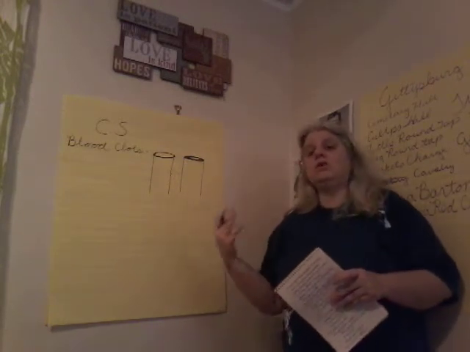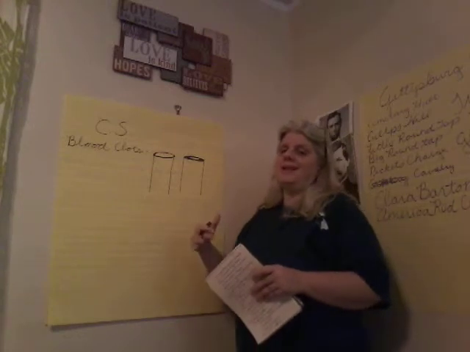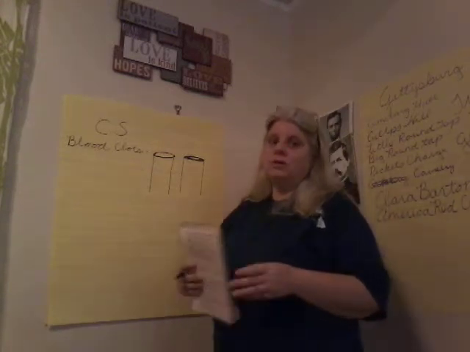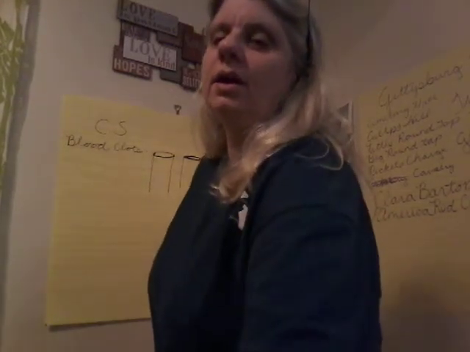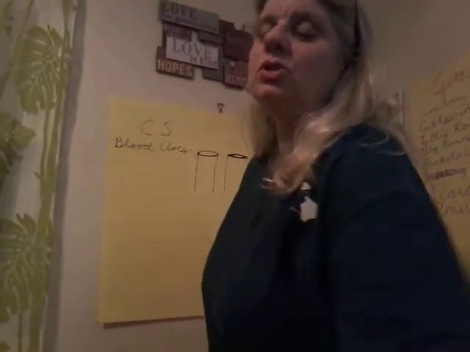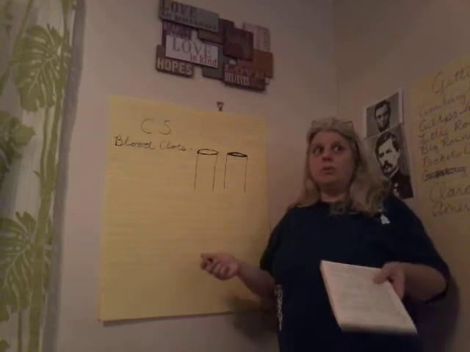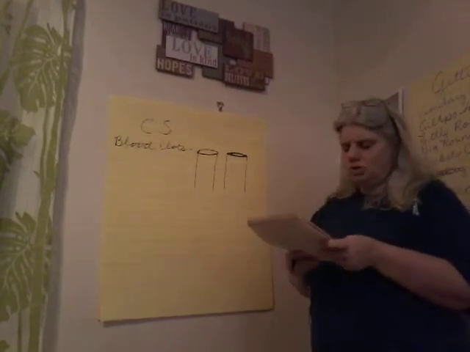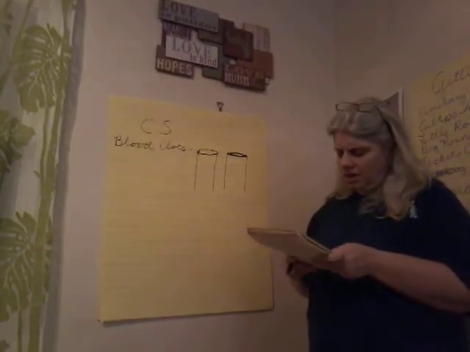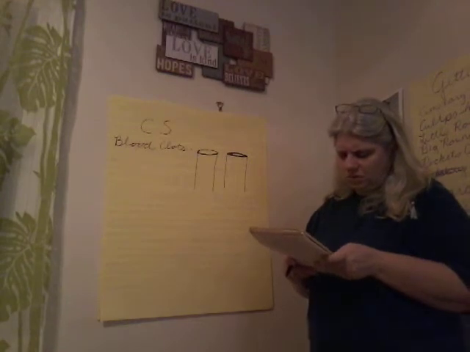Depending on where it goes, it can actually cause you to die. If it goes into your lungs, it can cause death. If it goes into your brain, it can cause a stroke. This is not a fun thing to mess around with.